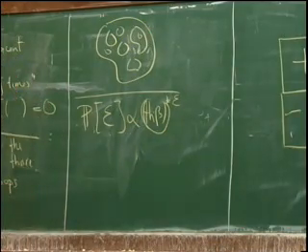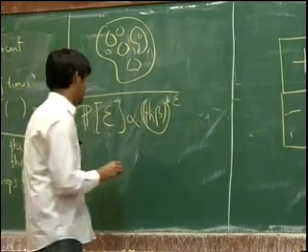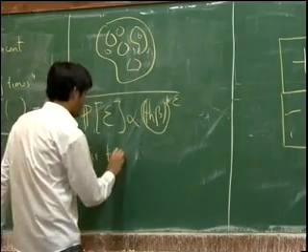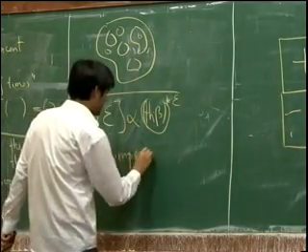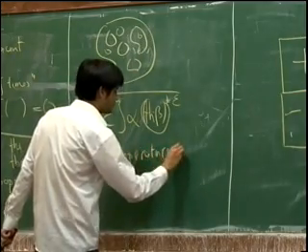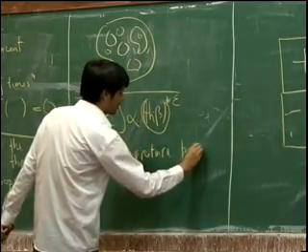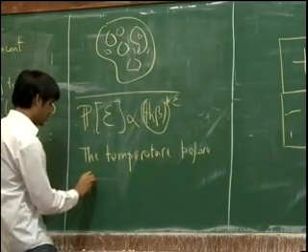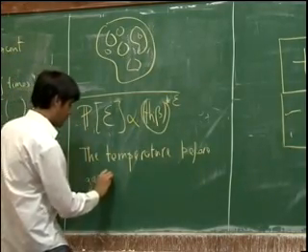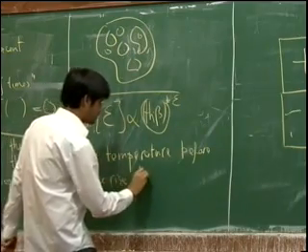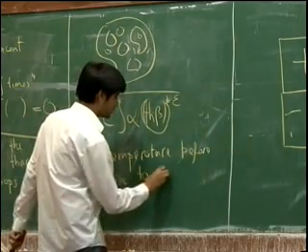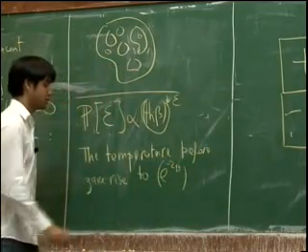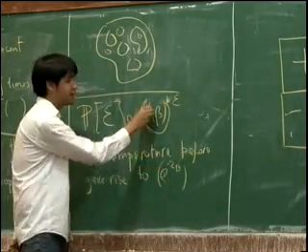Because the beta temperature before gave rise to a factor which was exponential of -2 beta. So here you had one parameter, now you have another.